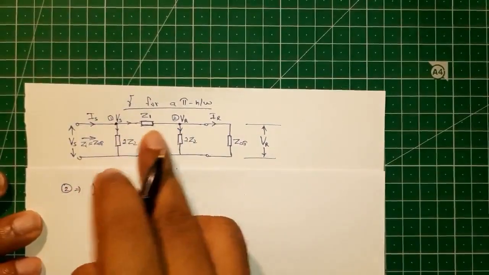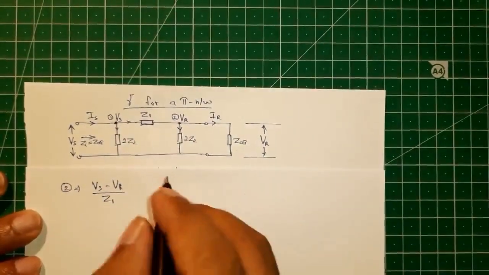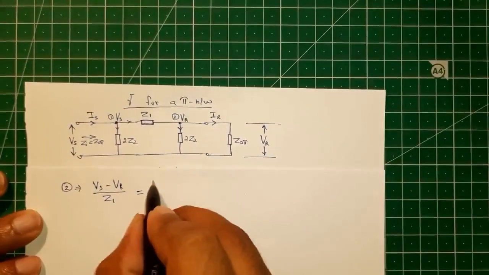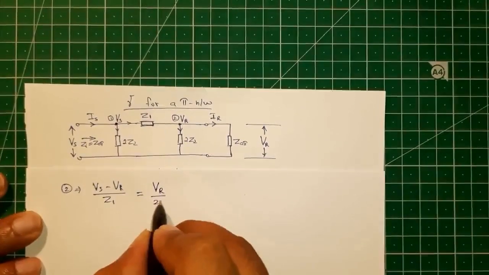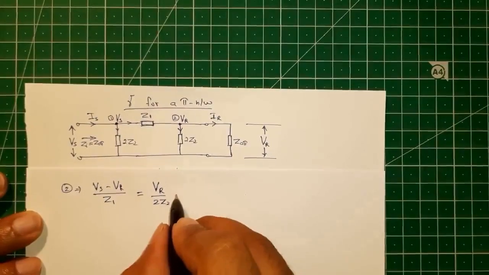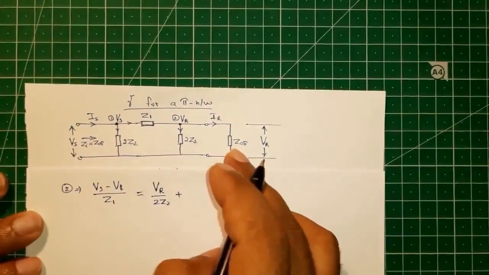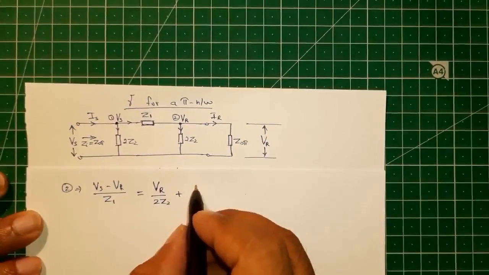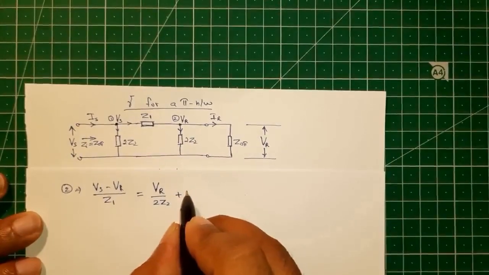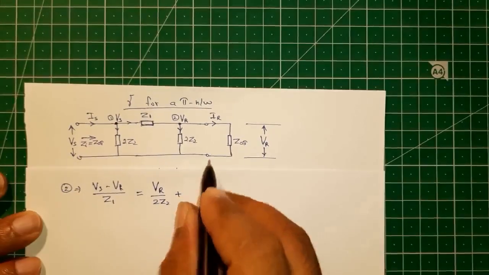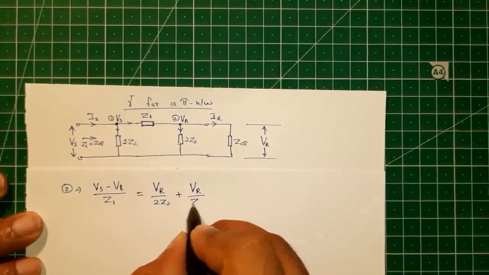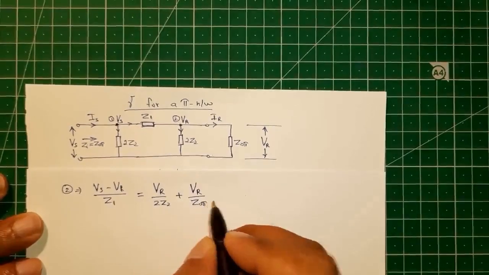That is the current that is entering this node. And here we have one of the leaving current, that is Vr by 2Z2. The second current is leaving through our load impedance Z0 pi. So that will be IR.